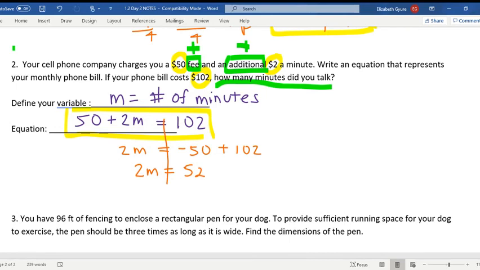That's fine, that means the same thing. All right, good. And then final step, how do you get rid of that 2? Asia? We're going to divide by 2. And yes, Jaden, it is 26 what? Minutes. Good.